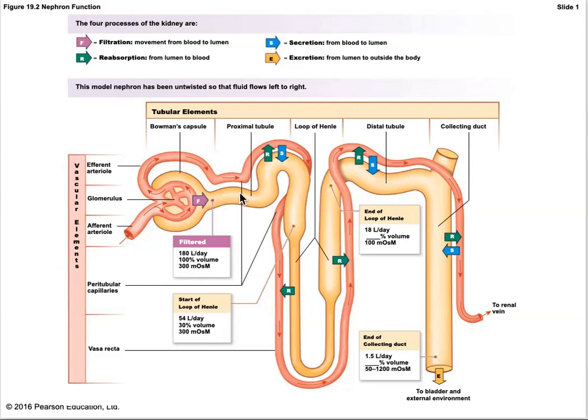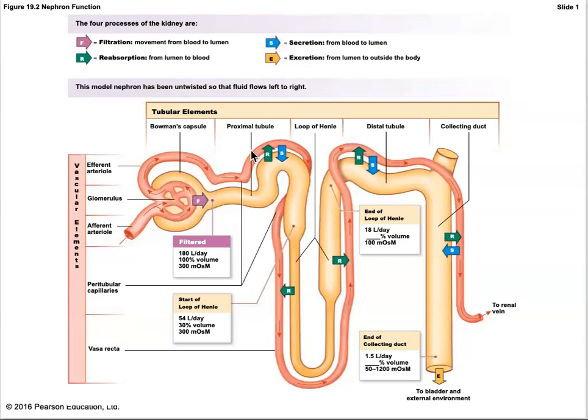If it's reabsorbed, then it won't be excreted later on. But if it's not reabsorbed, it stays within the lumen and will later be excreted from the body. Besides reabsorbing from the lumen into the blood, we can also have secretion, which takes substances in blood and puts them in the tubular lumen.